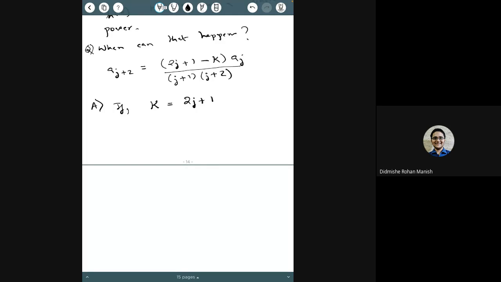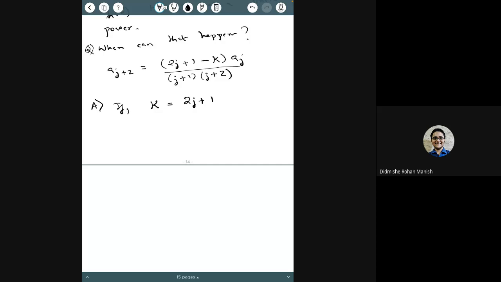If k is equal to 2j plus 1, then for all j beyond a point, a_{j+2} and all subsequent coefficients will become 0. It should happen just once, and then all subsequent ones will become 0.